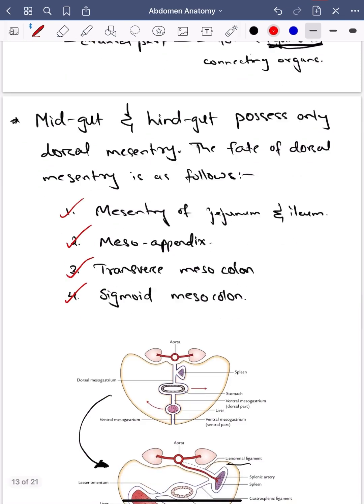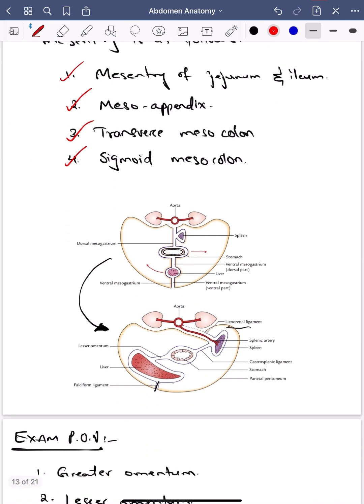Now I've included one more diagram, and this is to have a better idea of the development of the mesenteries of the foregut. Okay, so the structure in yellow is the peritoneal cavity, and this here is the dorsal mesogastrium, and this here is the dorsal part of the ventral and ventral part of the ventral mesogastrium.